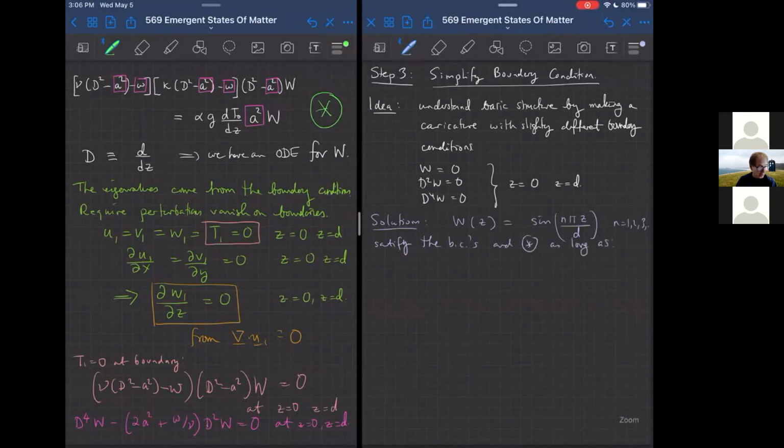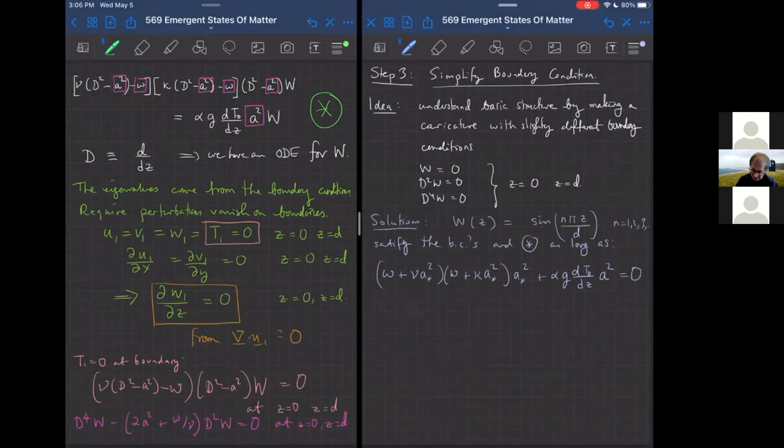now what you do is you substitute that in, and now you're going to get a constraint. And that constraint is going to look like this. Omega plus nu a star squared, omega plus kappa a star squared plus alpha g dT naught by dz a squared is equal to 0.